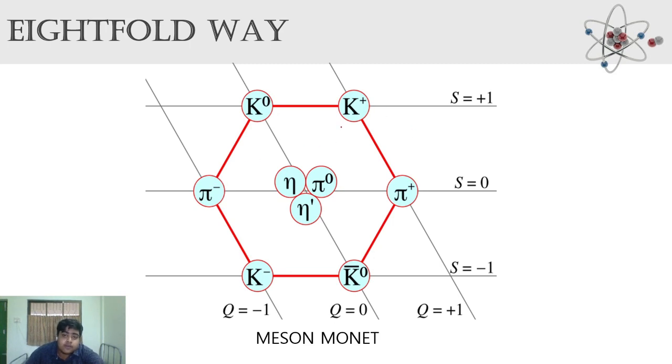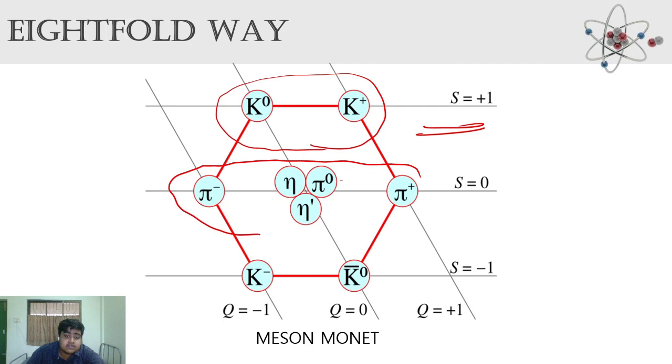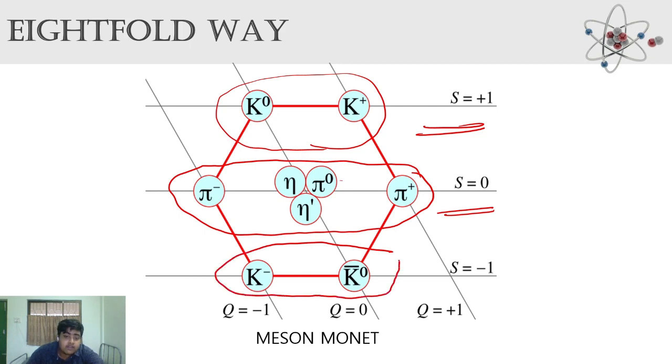Starting from the top, these two particles have the strangeness number of +1. These 5 particles have the strangeness of 0. And these two particles have the strangeness of -1. I will clearly explain what strangeness is. Just wait for a few minutes.